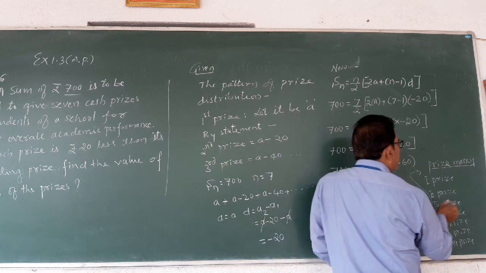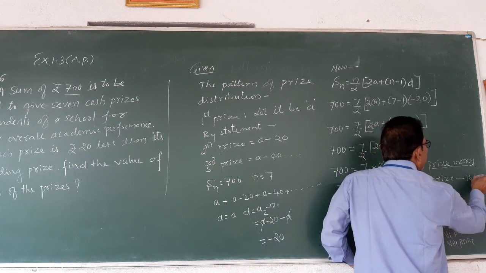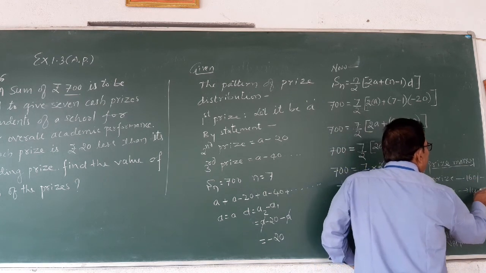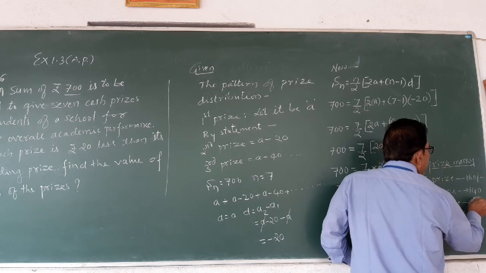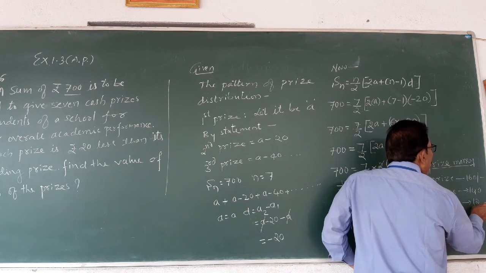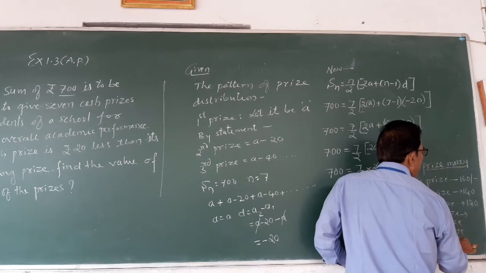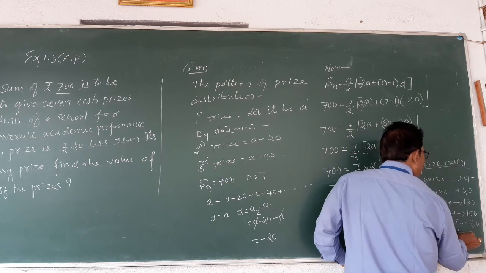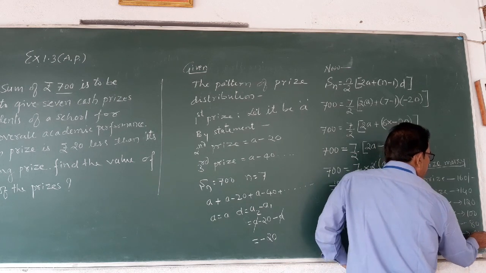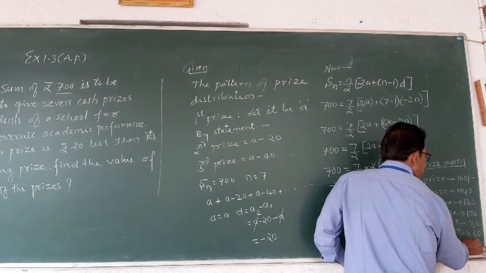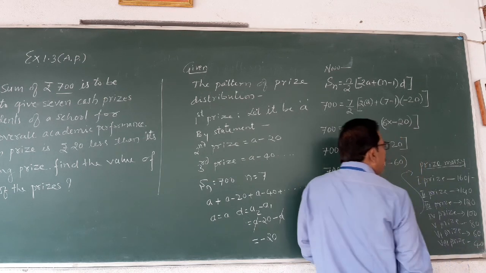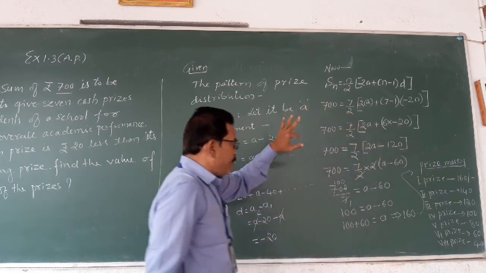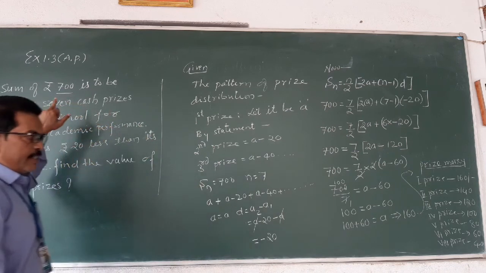First prize is 160. Second prize, 20 less, 140. 20 less, 120. 20 less, 100. 20 less, 80. 20 less, 60. 20 less, 40. These are the prize money given in the academic year for 7 prizes.